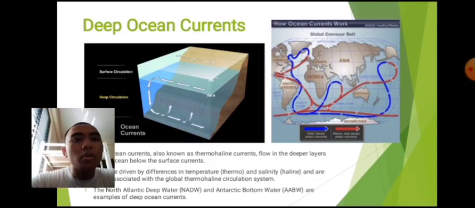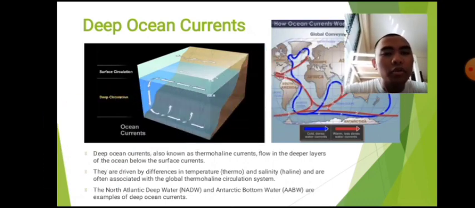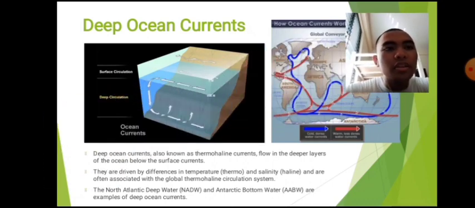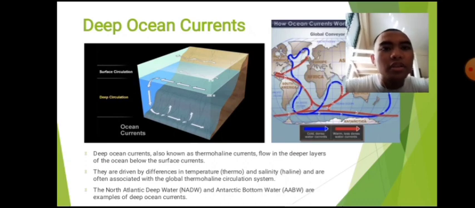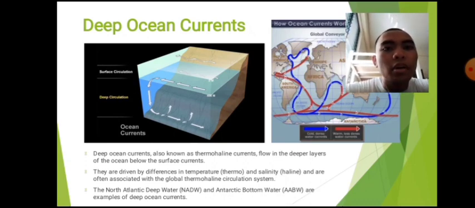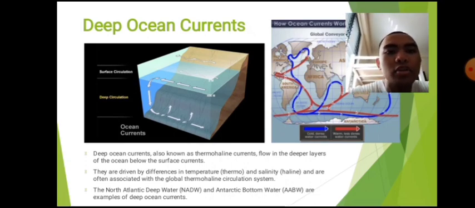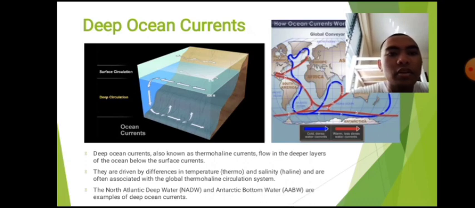Deep ocean currents. As you can see, the surface currents are in the top 100 meters, and the deep ocean currents circulate below the surface currents. Deep ocean currents, also known as thermohaline currents, flow in the deeper layers of the ocean below the surface currents.